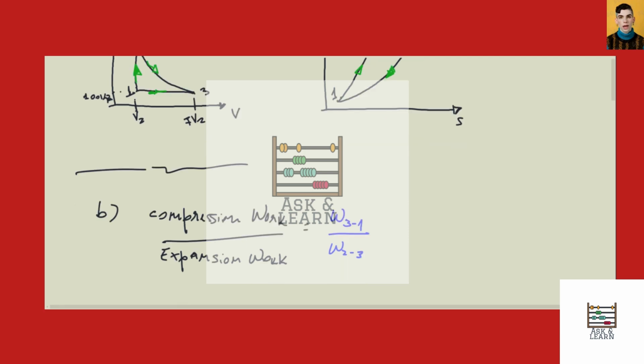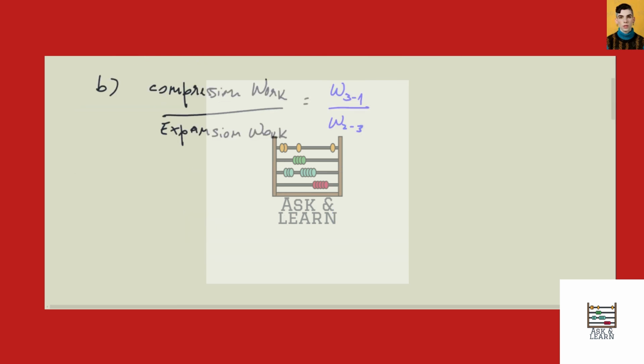Therefore, let's see. To calculate the work 3-1, the work 3-1 is just negative the integral from 3 to 1 of P dV. Therefore, this is just minus P, which is constant, times V1 minus V3, which if we use the ideal gas law, we can say this is just negative R times T1 minus T3.